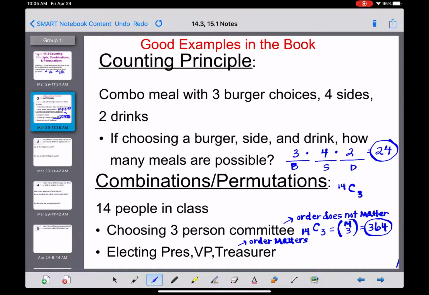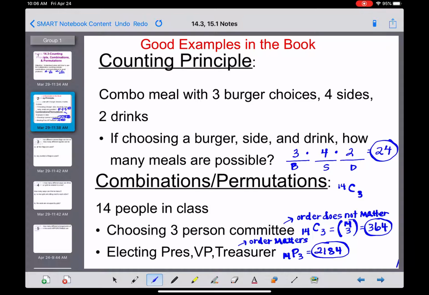So order matters, so this would be a permutation. Sorry, I said the wrong thing at first. So 14 permutations of 3, and that's going to give you more options: 2,184. Take a moment to type that in.